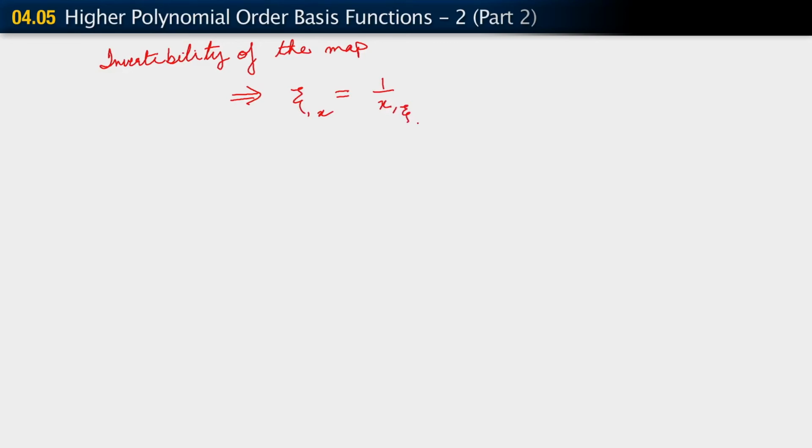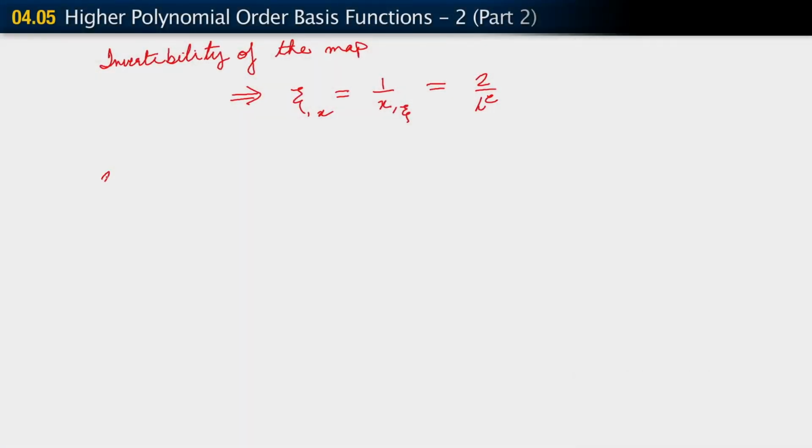That's what invertibility tells us, which is just 2 over h^e. So we have a very straightforward way to compute our gradients. Even though we have quadratic elements, the element length is still given by the distance between the last node and the first node.